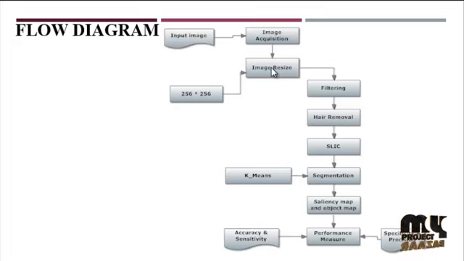Next is image resize. After getting the input image, the pre-processing step is performed. In that, the input image is resized to 256 by 256 for processing. The pre-processed images may contain some noise, which should be removed for further processing.